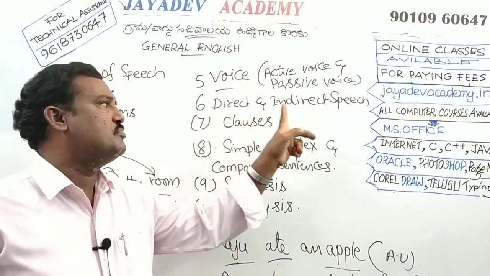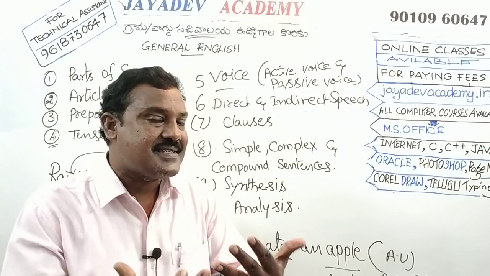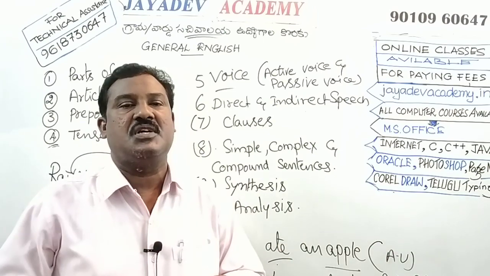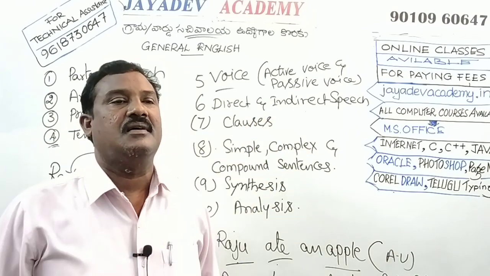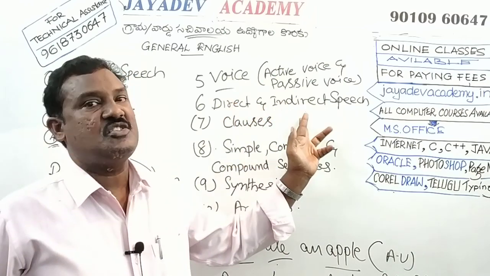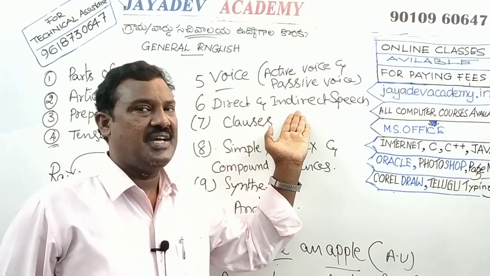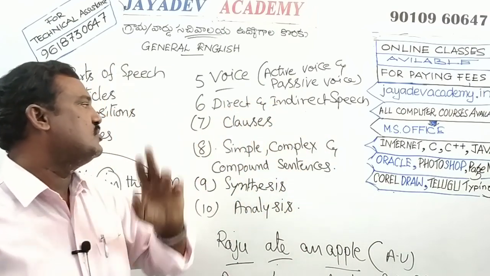Indirect speech means what one person said, if you say the meaning in our own words, that is called indirect speech. So direct and indirect speeches are very, very important topics which we use in our discussion. Right, come to clauses.